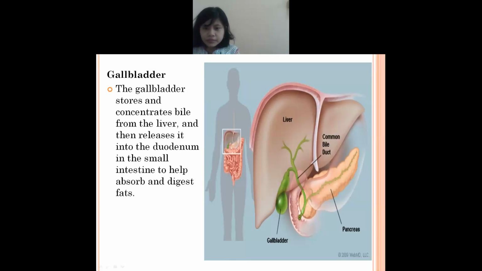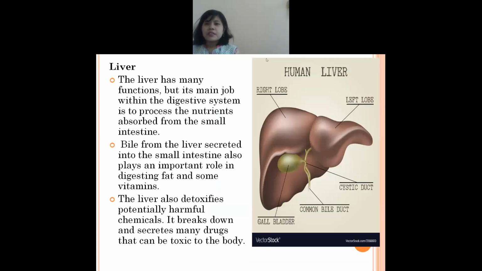So the liver has got functions. The first function of the liver is what?